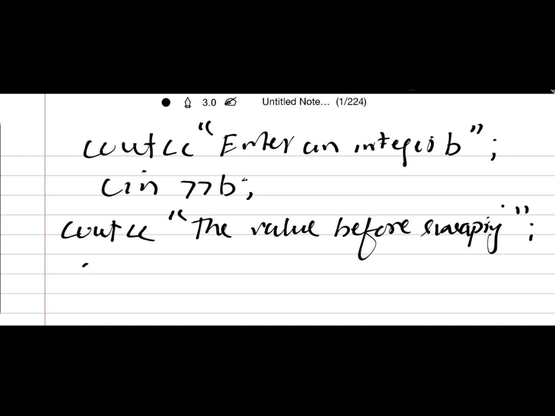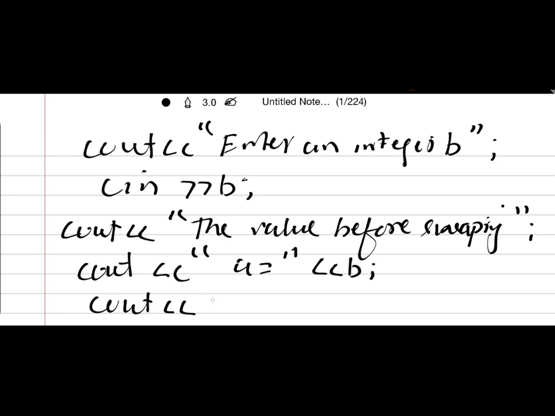So to understand which value is swapped with which value, now we are going to write some other message also: values after swapping.